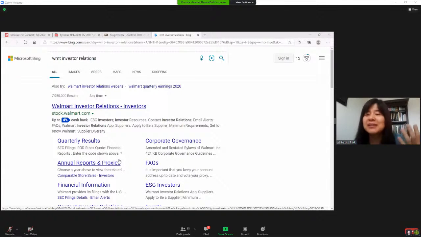So Walmart and Target, those publicly traded companies, are required to submit 10K reports, 10Q reports, and financial statements. Public companies usually have an investor relations office.